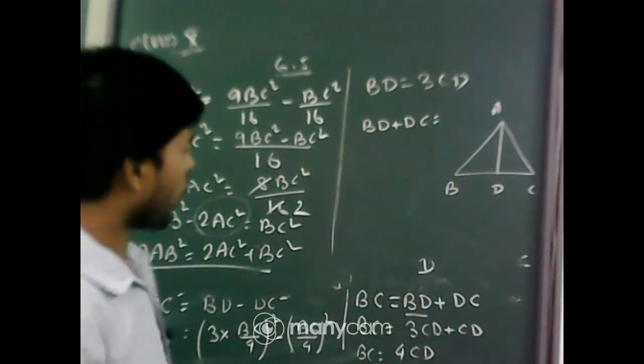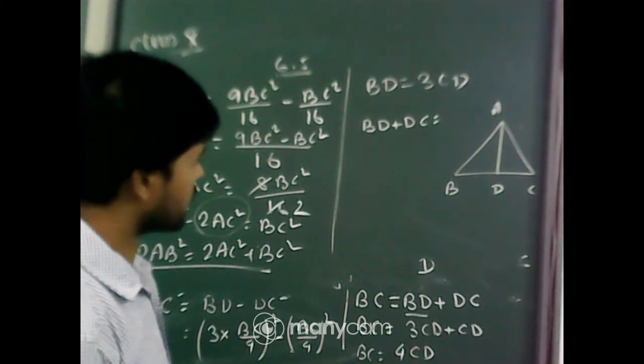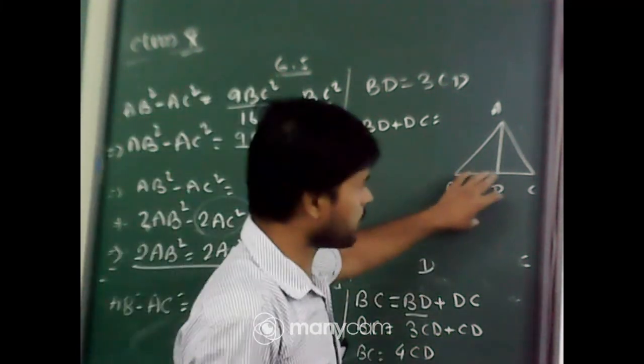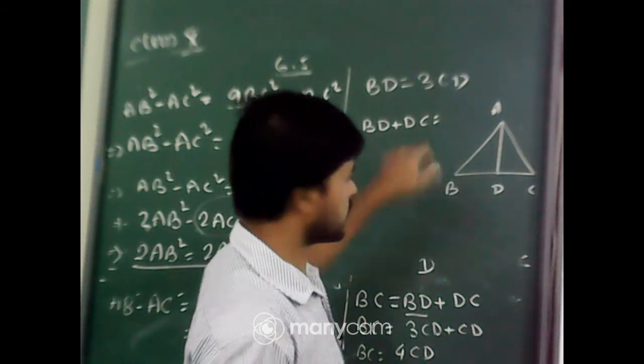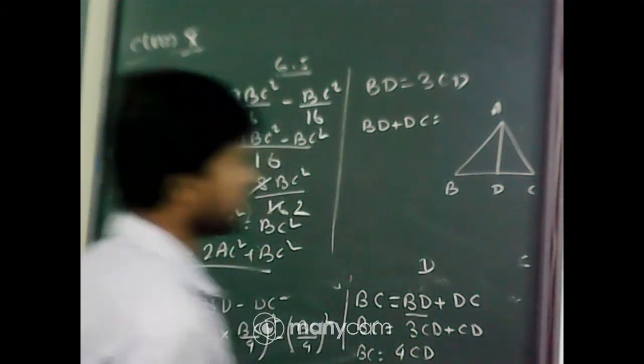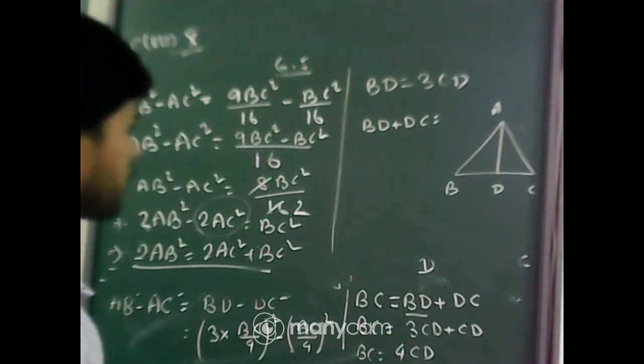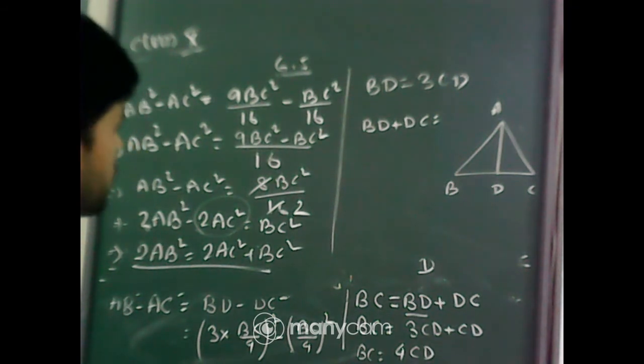Srijan, tell me, what is the sum of BD plus DC? Look at the diagram and tell me the sum of BD and DC. Srijan Srivastava, I am expecting that you will answer me.